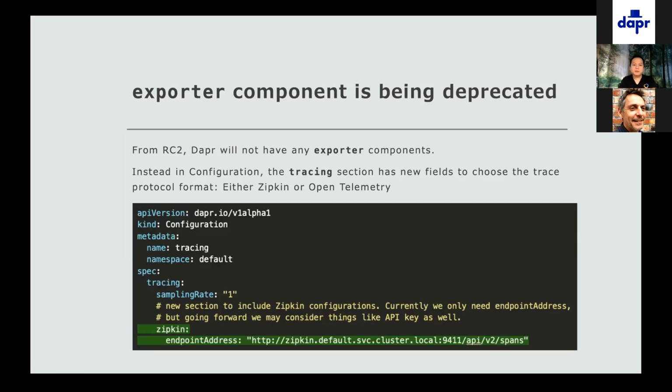If you take a look at this snippet right here, the green lines are the new parameters we add into the configuration in the tracing section. The only new field that's added is the endpoint address for the Zipkin server. It doesn't have to be Zipkin, but as long as the server accepts the Zipkin protocol, then it is usable this way.